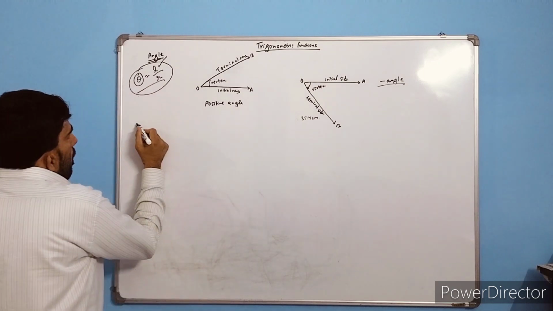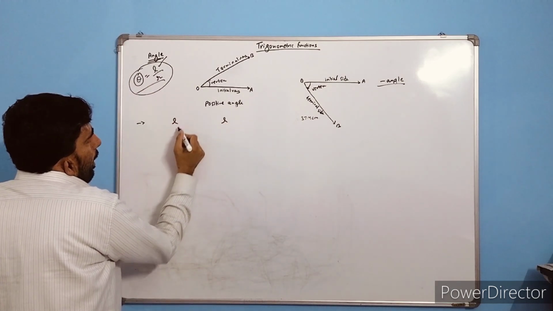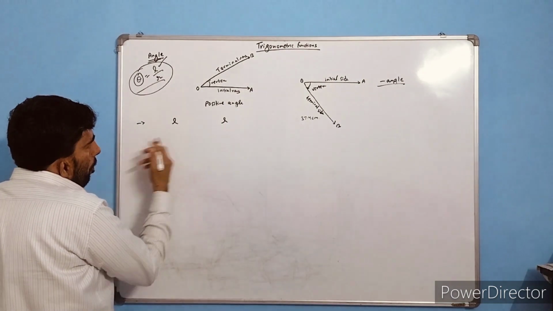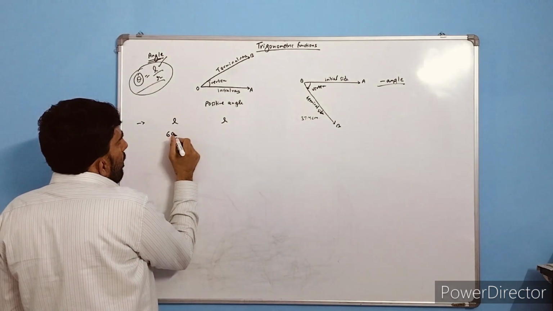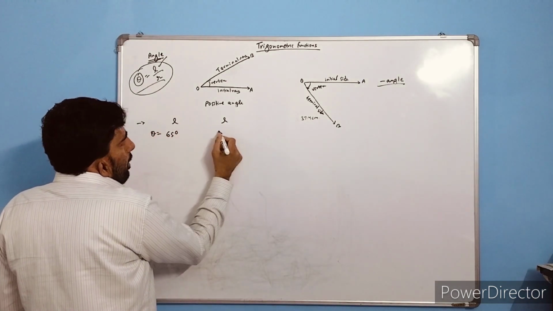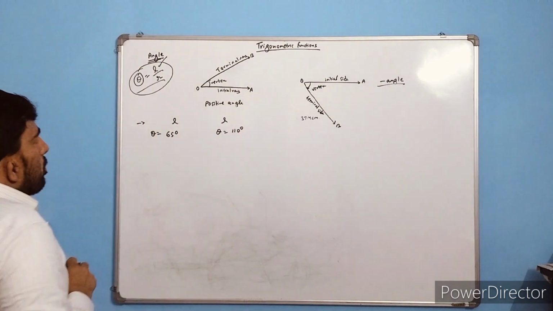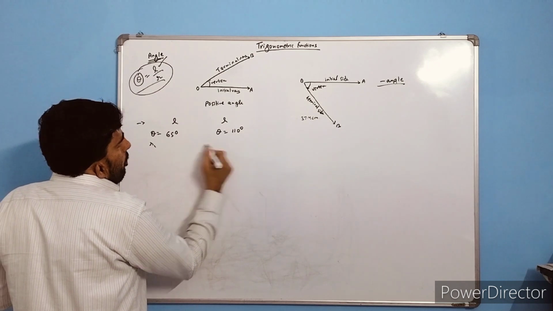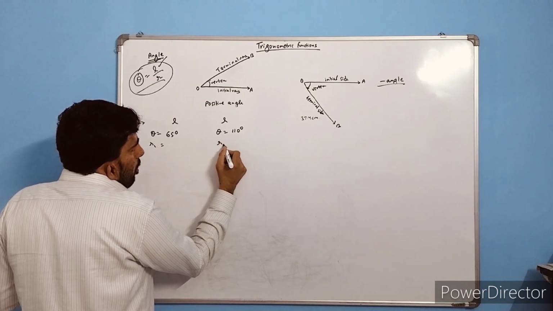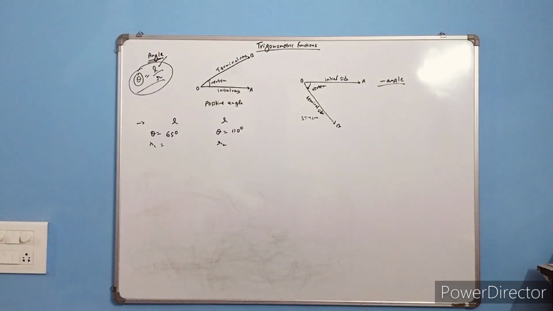Both have the same length. They subtend angles at the center: here it is 65 degree, and here it is 110 degree. Now they are asking to find the ratio of the radius.